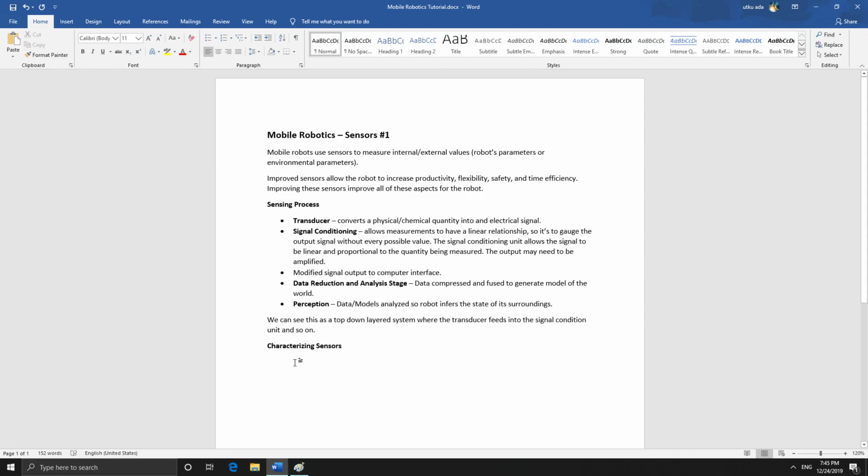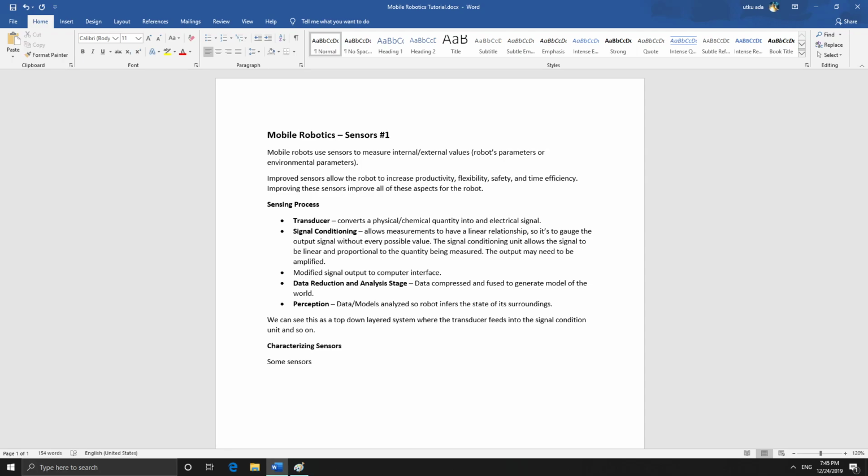So we know that sensors can vary greatly in their performance characteristics, where some sensors are extremely accurate in a laboratory environment, but may have many errors in real world conditions. So that's why we characterize them, which can help with this. So to start with, let's write that down.